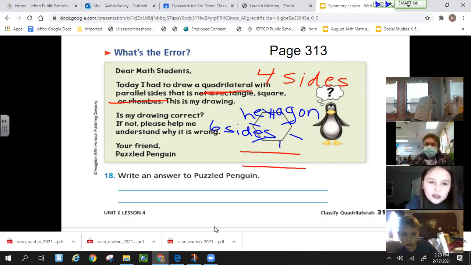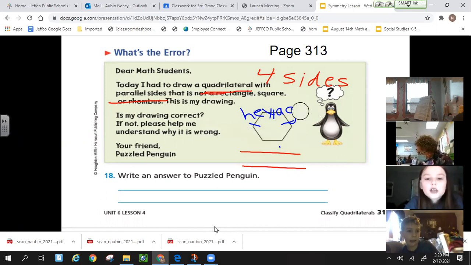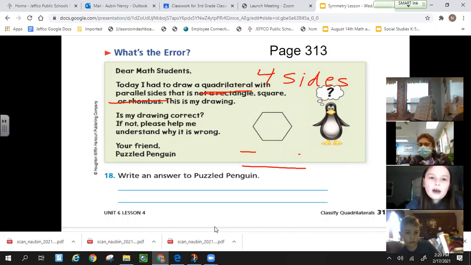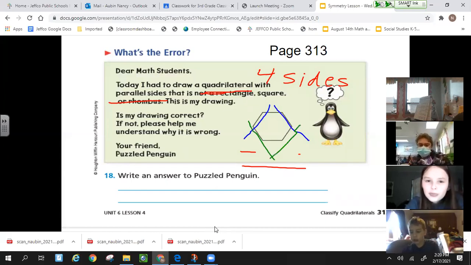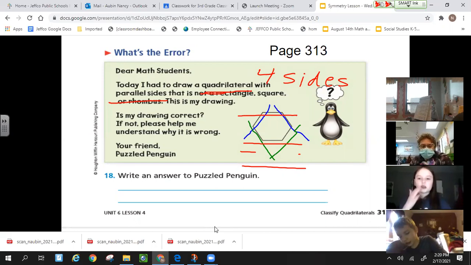No. Also, now that we know it has 6 sides, which most of you said, none of you besides Ellie talked about the fact that the sides were not parallel, right? Now it does have one set of parallel lines. The top and the bottom are parallel, but the other sides intersect.